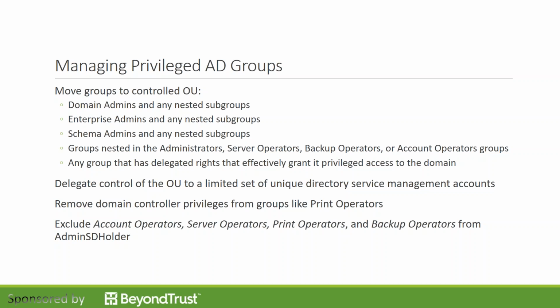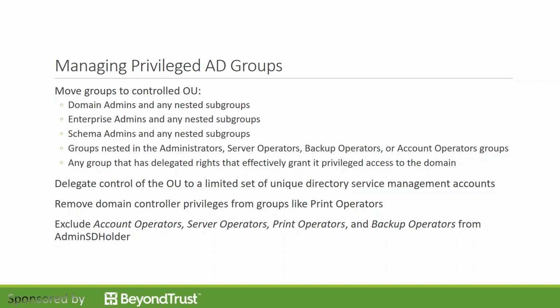So for instance, if you need to add a user to the domain administrators group, then somebody will need to acquire the password for a directory service management account, log on, and they will need to modify group membership of domain admins, and then when that work has been completed, remove the user from the domain admins group.